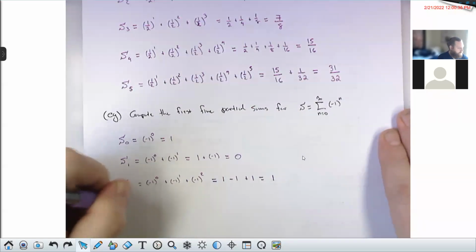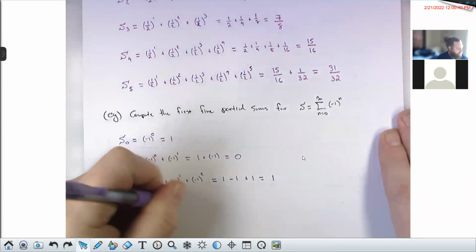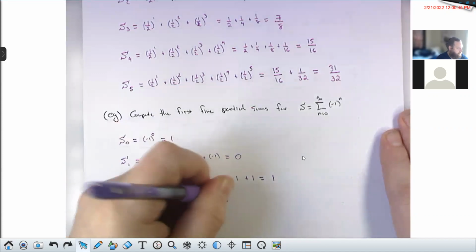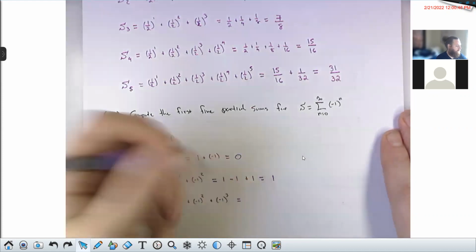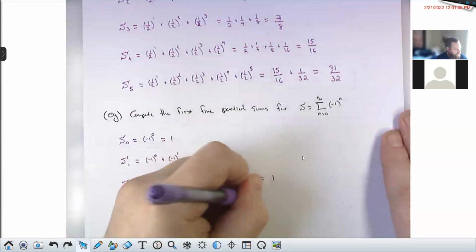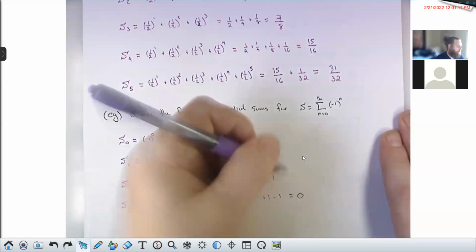S3 would be (-1) to the 0 plus (-1) to the 1 plus (-1) to the 2 plus (-1) to the 3. And I can take advantage of the thing we observed last time, that to go from S2 to S3, we're really just adding this one more term. So I know that the first terms, 0, 1, and 2, add up to 1. And then this guy is going to be -1. Maybe I'll write 1 minus 1 plus 1 minus 1, but we really don't have to. We know that this should be 0.